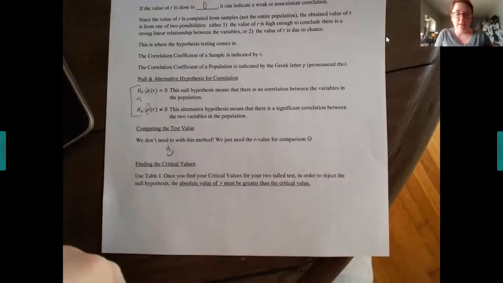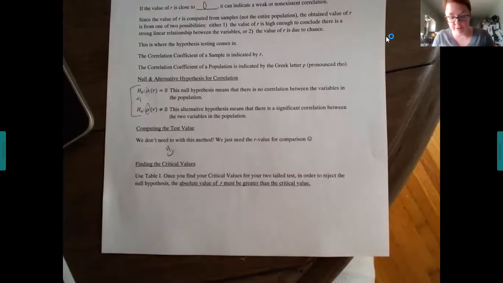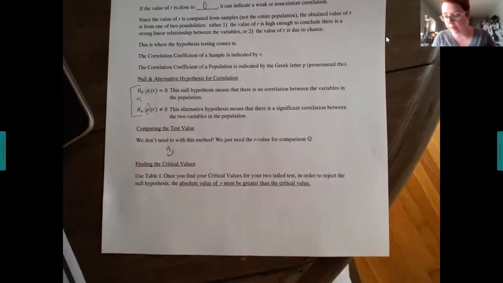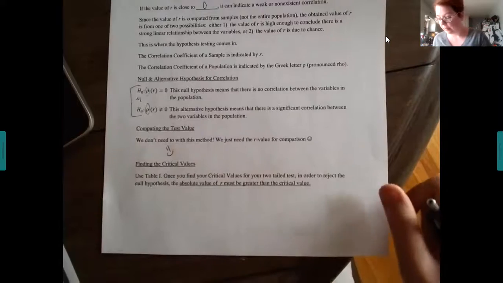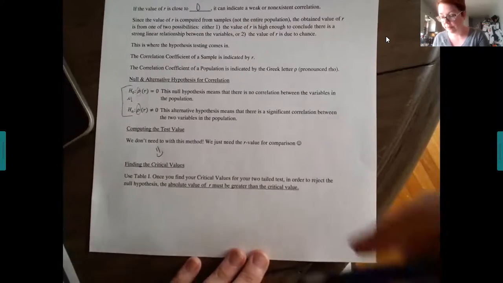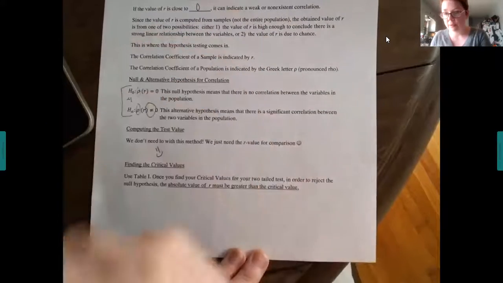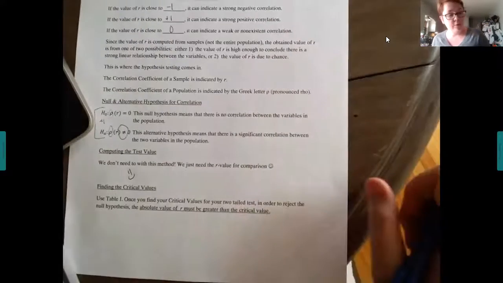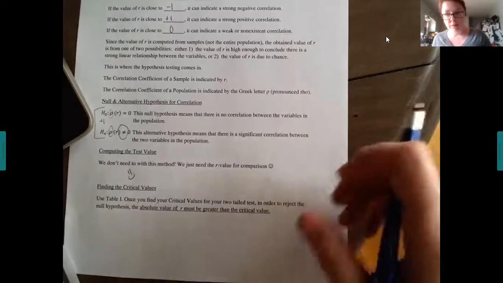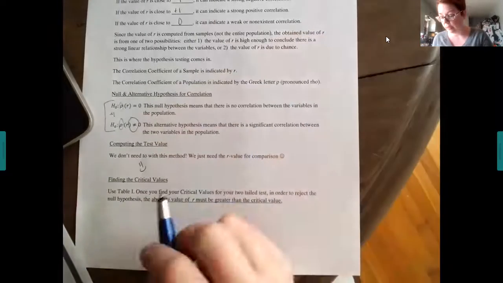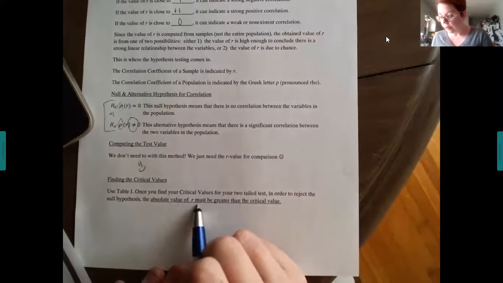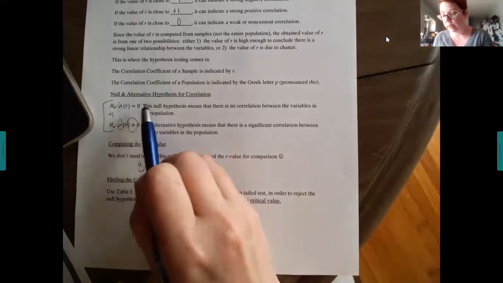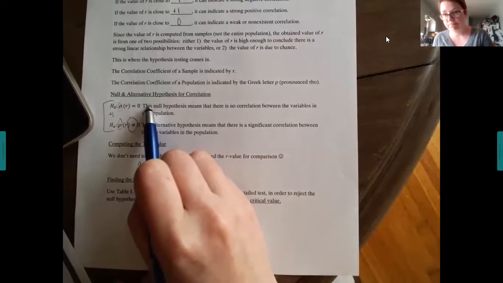It is under your files in modules. So in table I, we get our critical value. Since it'll be a two-tailed test because of the not equals to, we'll have a plus minus. The premise is that if our value is greater than the critical value, then we can reject the null hypothesis.